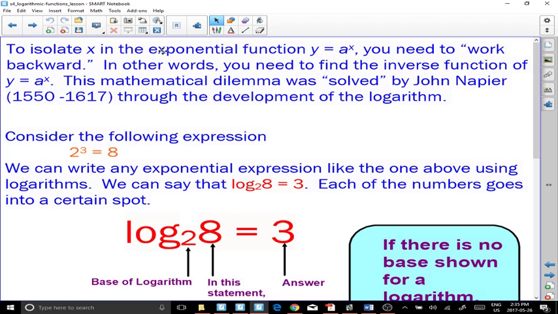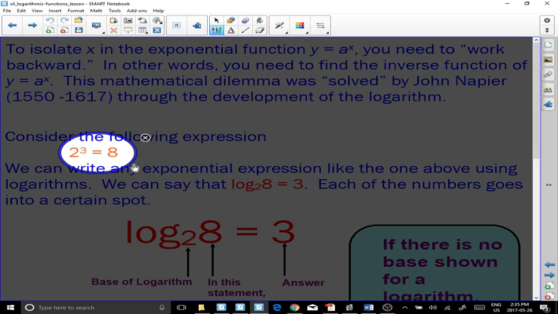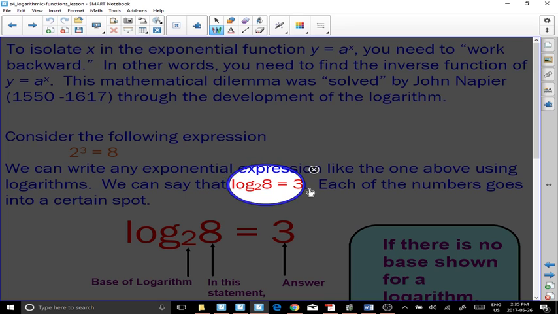So we can focus in on 2 cubed equals 8, and write a logarithmic expression that is mathematically equivalent to this, but in terms of logarithms instead of exponents. An expression that uses logarithms and says the same thing is the log base 2 of 8 equals 3.